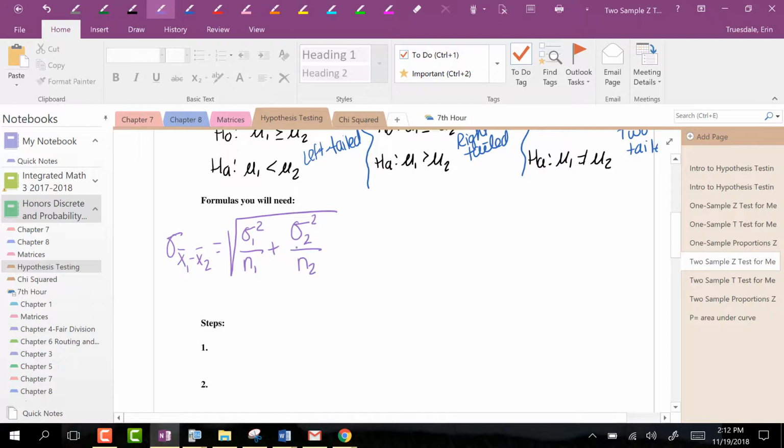So it looks complicated, but you know from these past problems that most of the time, if not always, these 2 things are given to you. So then you would just plug into the formula.